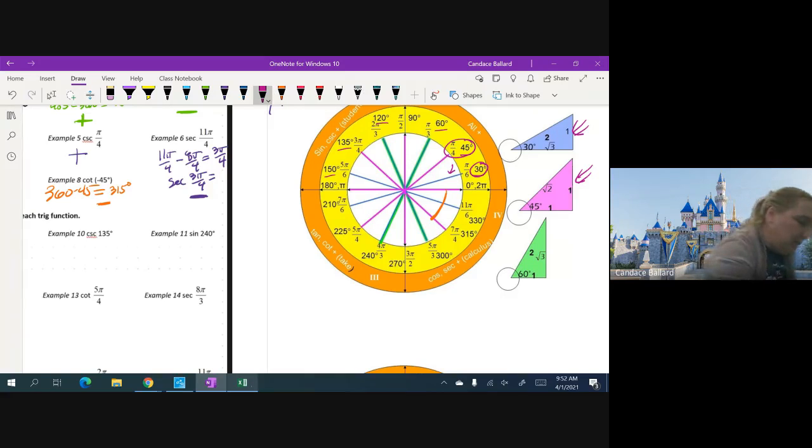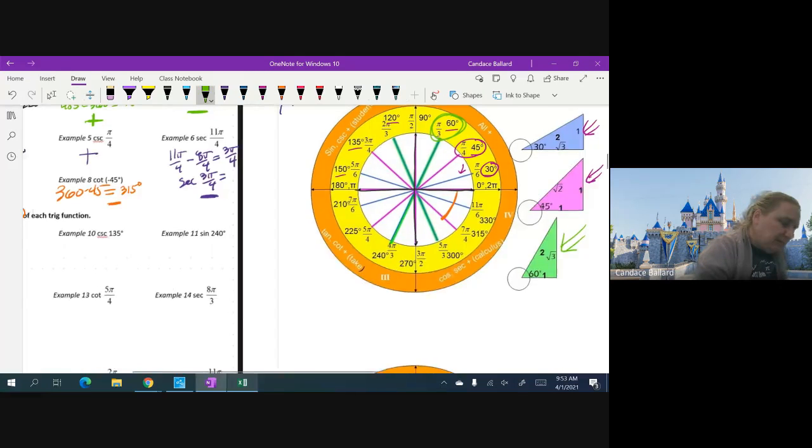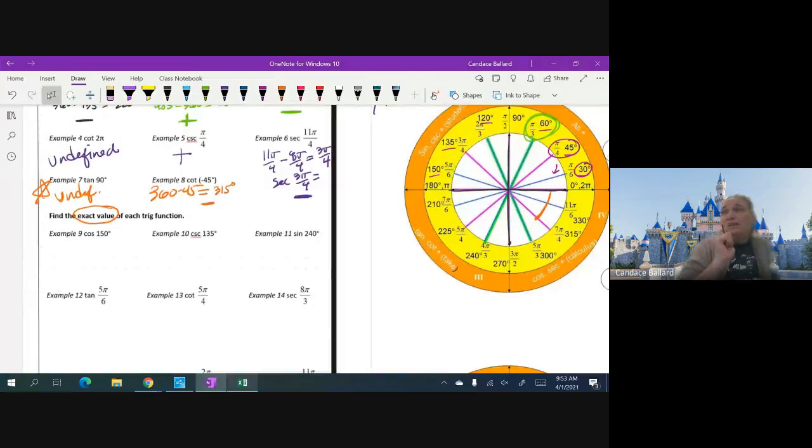They should be black. Let me just trace over them. Those should be black lines because they're quadrant angles. And every time I see a green line, I am going to work with the 60-degree reference triangle.